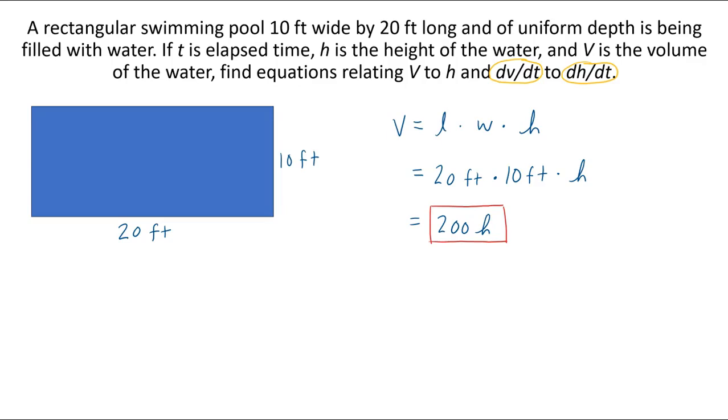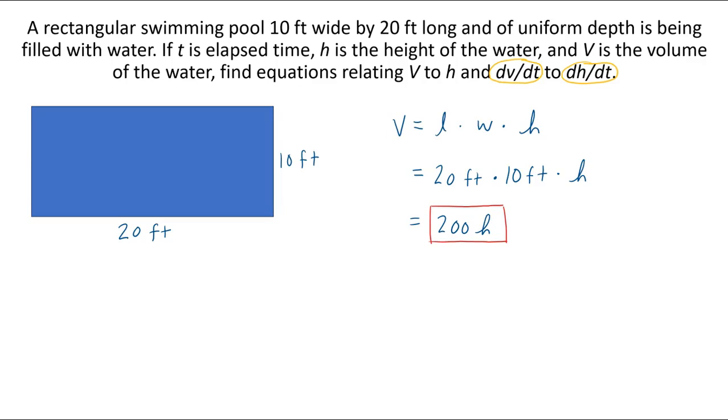And dH over dt tells us the instantaneous rate of change of the depth of the swimming pool at any given time.